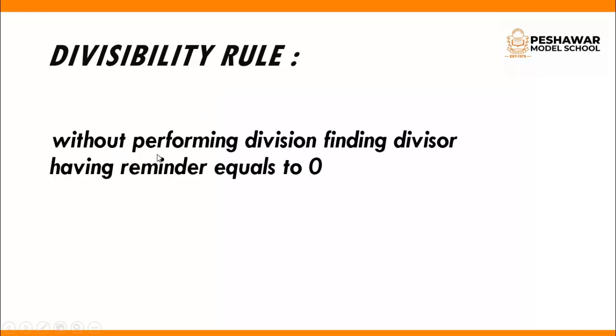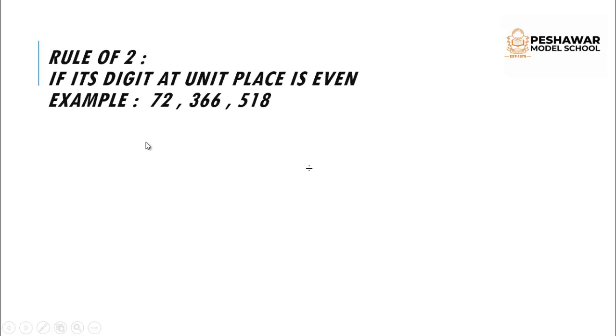What is a divisibility rule? Without performing division, check whether the number is completely divisible or not, or you can say that without performing division, finding whether the divisor leaves remainder equal to 0. Now, the first rule is the rule of 2.